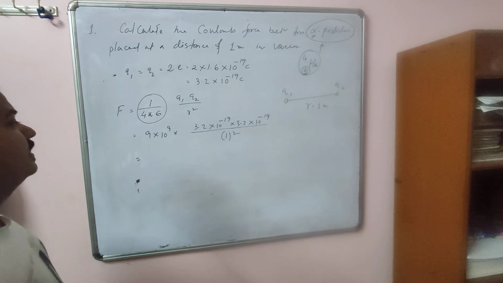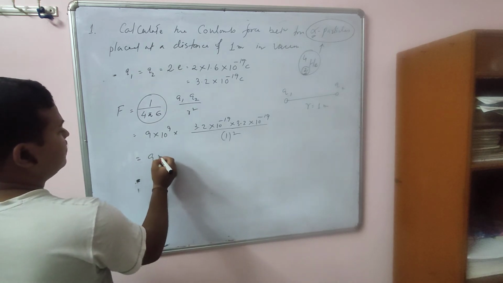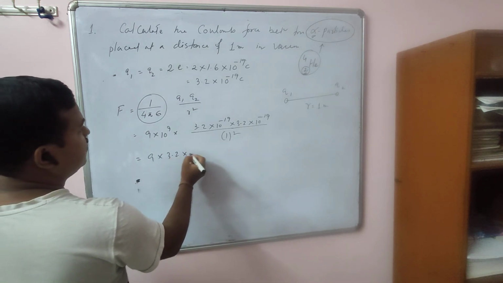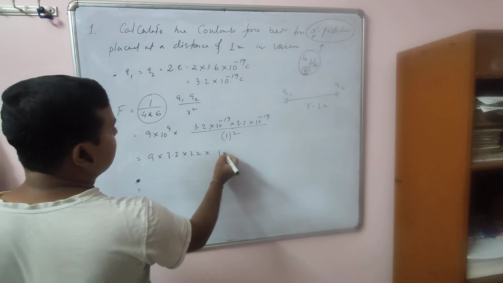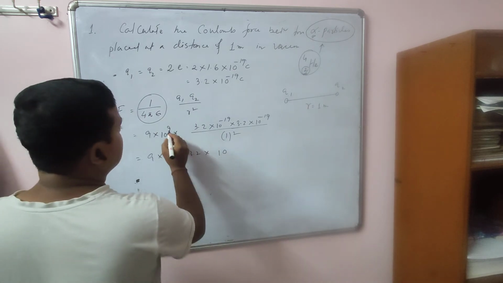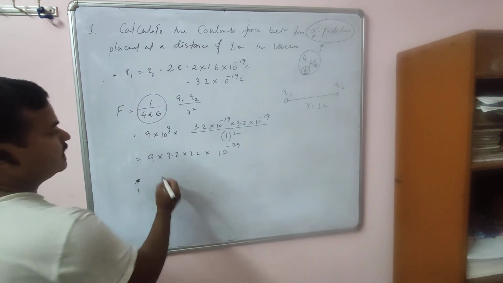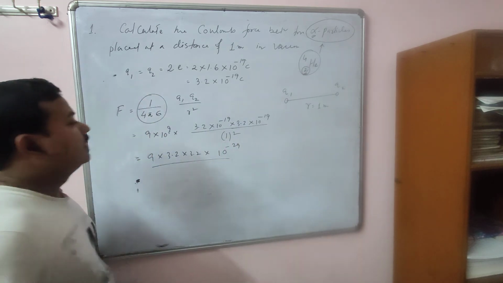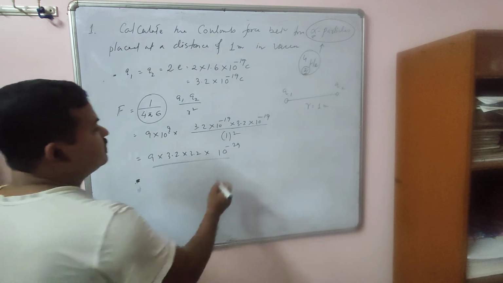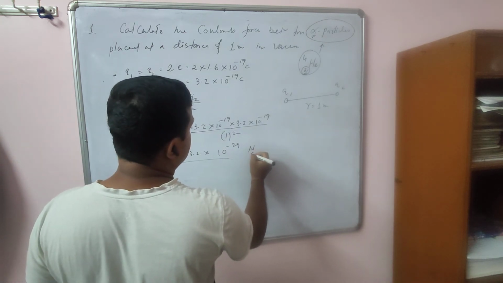Rest you just calculate. So here 9 into 3.2 into 3.2 into 10 to the power 9 minus 38, so 10 to the power minus 29. Rest you can calculate. The force comes in Newton.